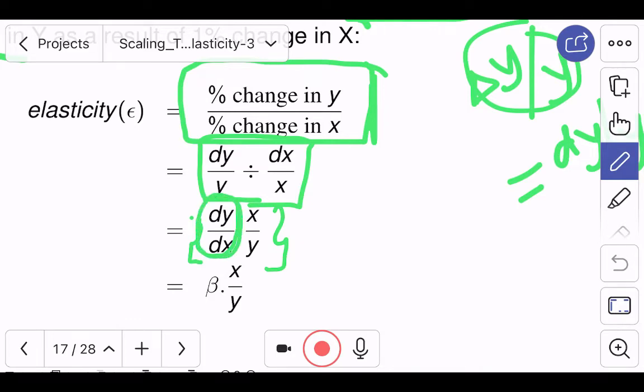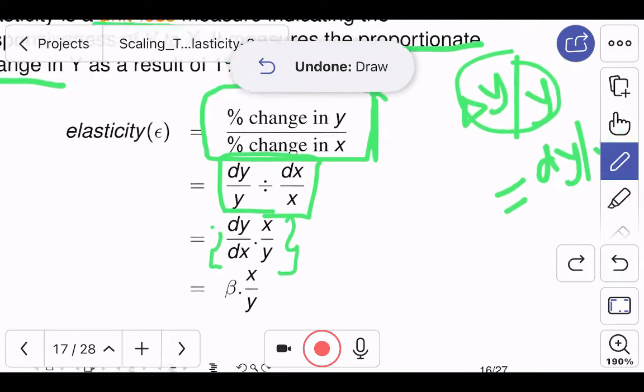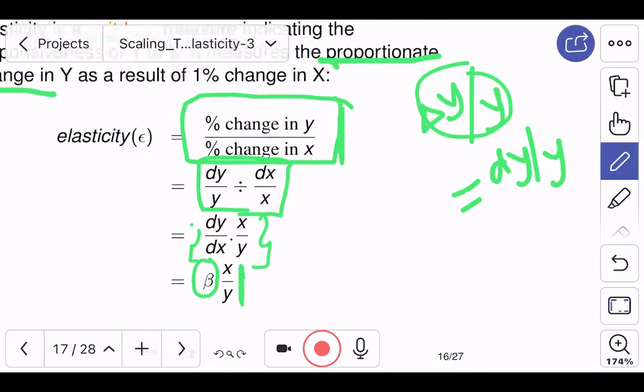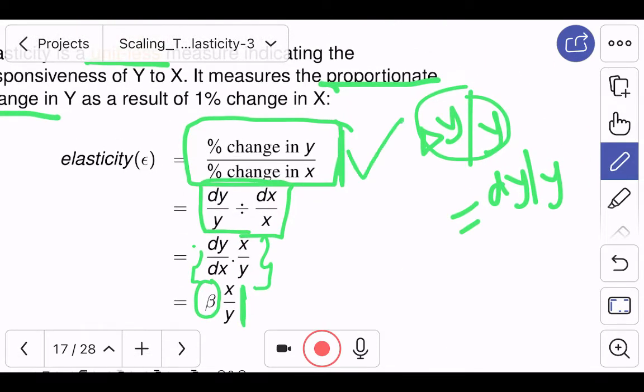The change in y over the change in x is our slope term, and we know what the slope term is. It's our beta, the coefficient. So if you take the slope term, multiply it by the ratio of x to y, it's going to give you this, and that is what we call elasticity.